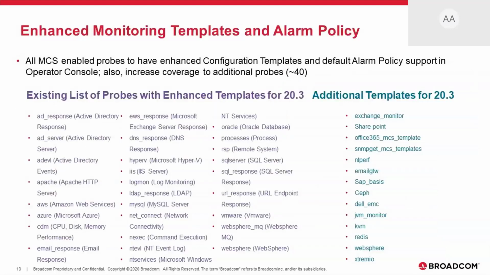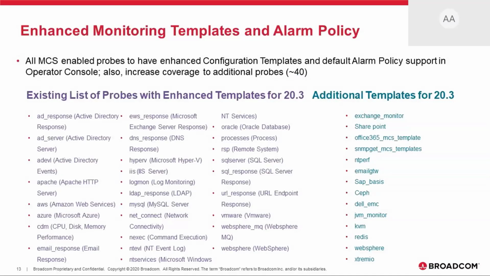And to support that, based on the feedback we have got with UIM 20.3, we have planned to enhance the coverage of enhanced templates. So today MCS templates are supported by more than 40 probes, and out of those around 28 probes today support enhanced templates, that is alarm policies.